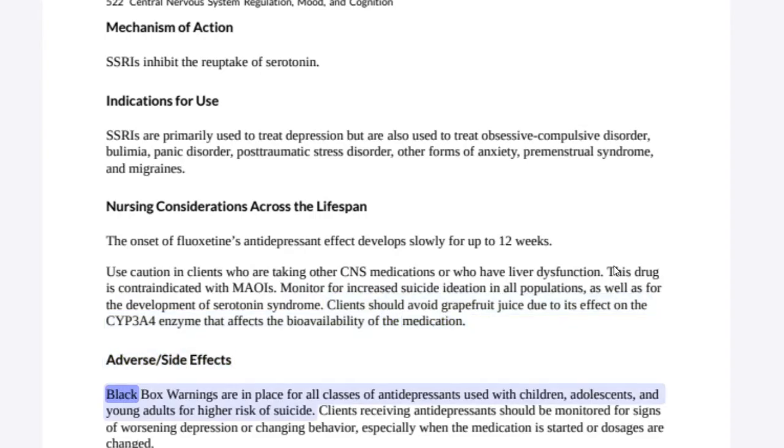Adverse side effects. Black box warnings are in place for all classes of antidepressants used with children, adolescents, and young adults for higher risk of suicide. Clients receiving antidepressants should be monitored for signs of worsening depression or changing behavior, especially when the medication is started or dosages are changed.